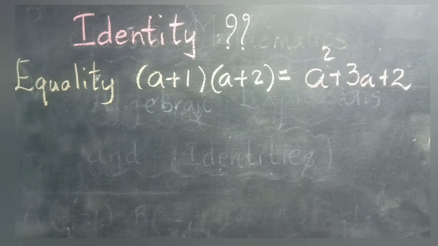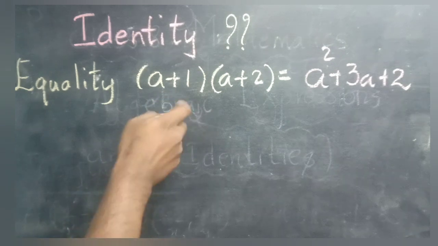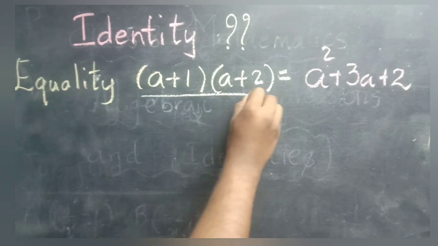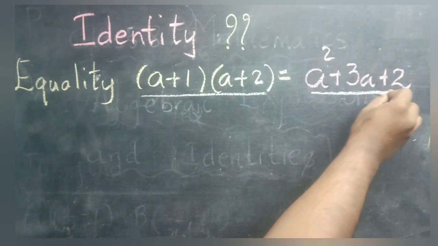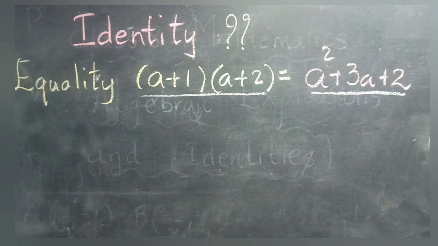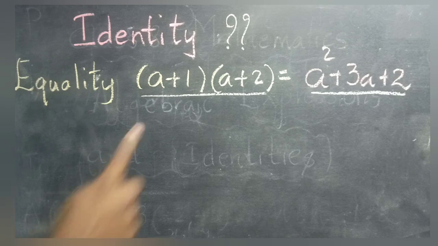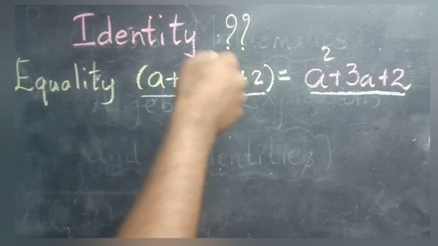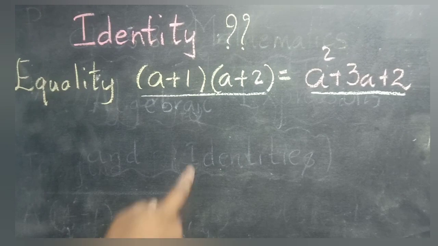Now what is the equality here? (a plus 1)(a plus 2) equals a square plus 3a plus 2. This is an equality. Now we will try to evaluate this equality for some value of a.